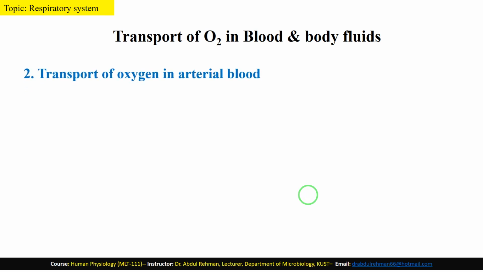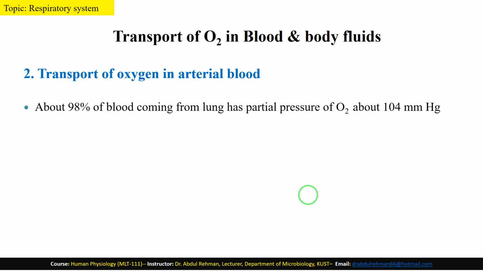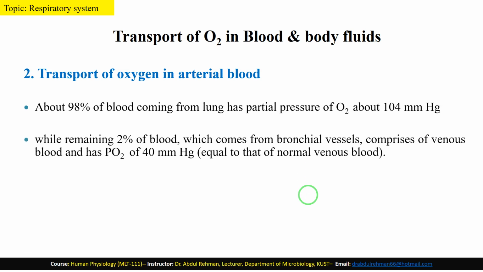Lungs are the main respiratory organ that facilitate the exchange of gases with atmospheric air. About 98% of the blood that comes from the lung has a partial pressure of about 104 mm Hg, while the remaining 2% of the blood comes from the bronchial vessels and has a partial pressure of oxygen of about 40 mm Hg.